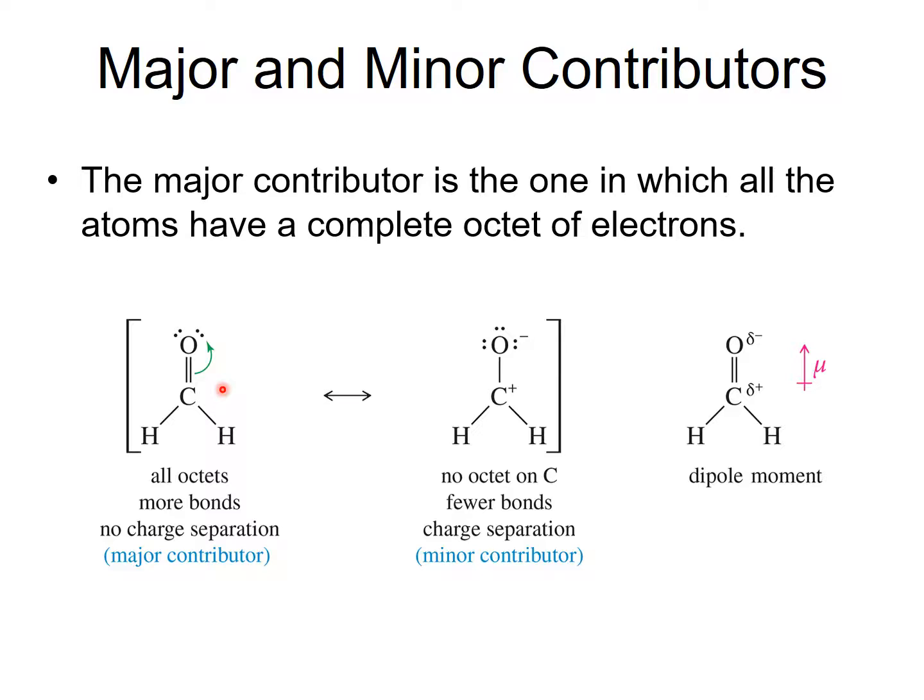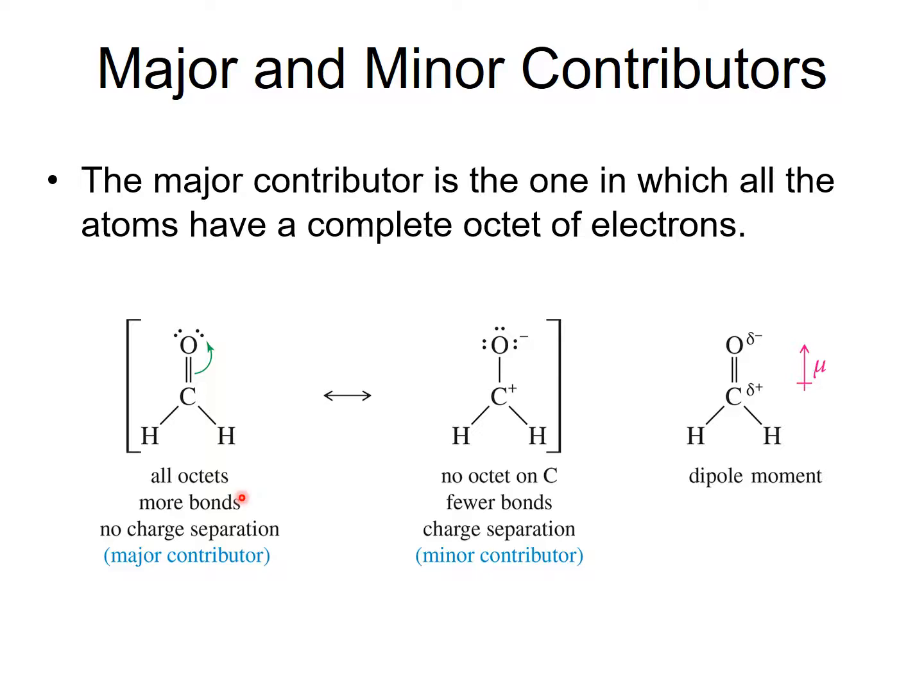Here's the structure of formaldehyde, and here is the resonance structure for this molecule. What I did is I took this pair of electrons and moved them up there using my little curved arrow. Now I have a positive charge on that carbon and a negative charge on that oxygen. Carbon does not have an octet. Oxygen has an octet. So in this structure of formaldehyde, all of the atoms have an octet.